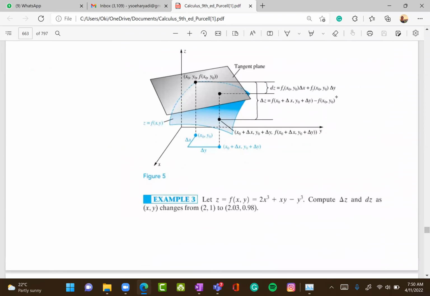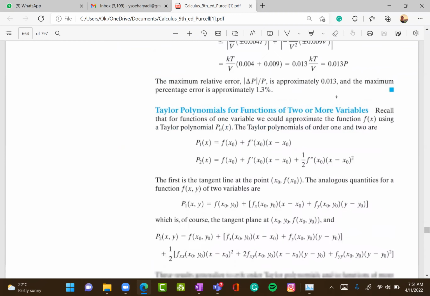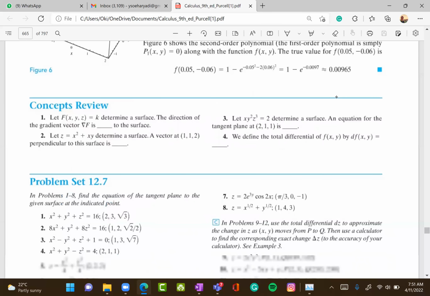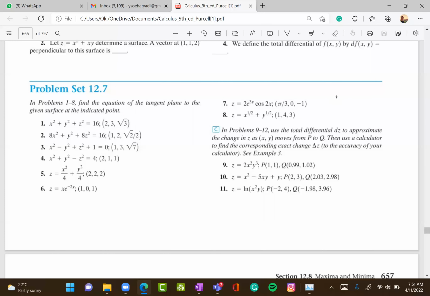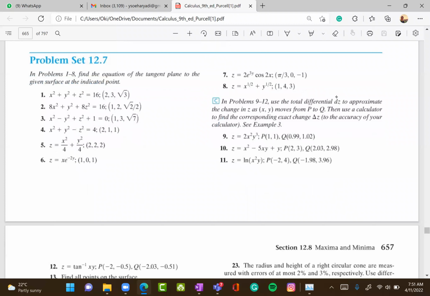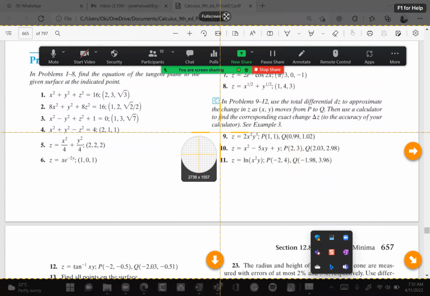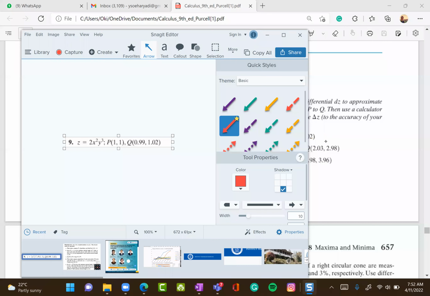Let's pick up a problem, go to the exercises, problem 9.